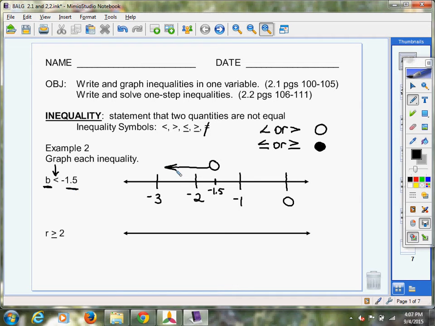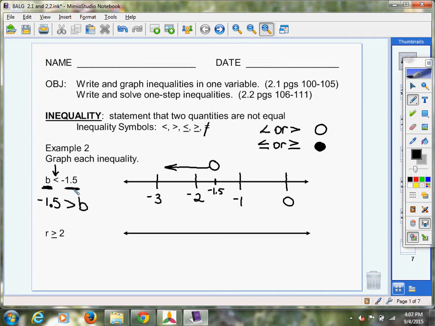Now, if they reversed it and they said negative 1.5 is greater than b, now that doesn't work. You see it's pointing to the right, and you would be drawing it the wrong way, okay? So it only works if the variable's on the left and the number is on the right.